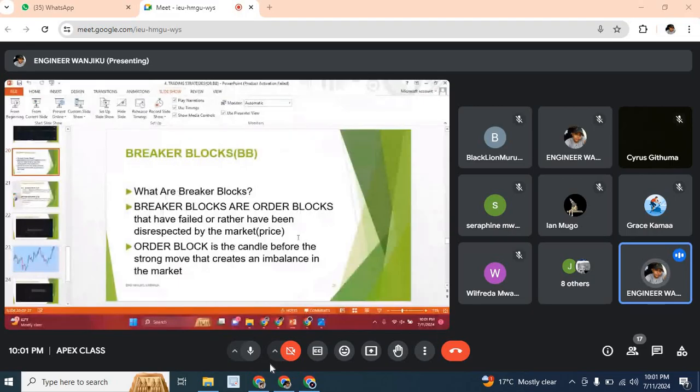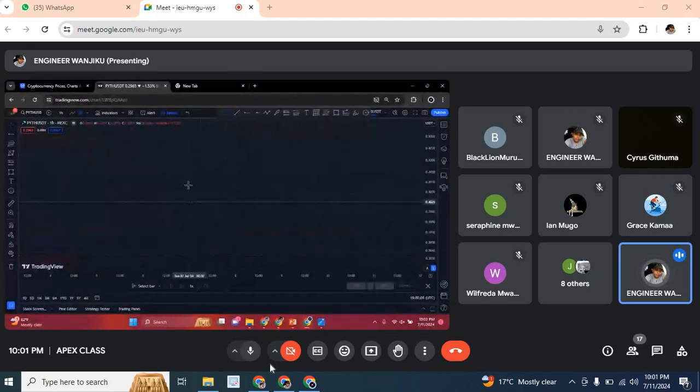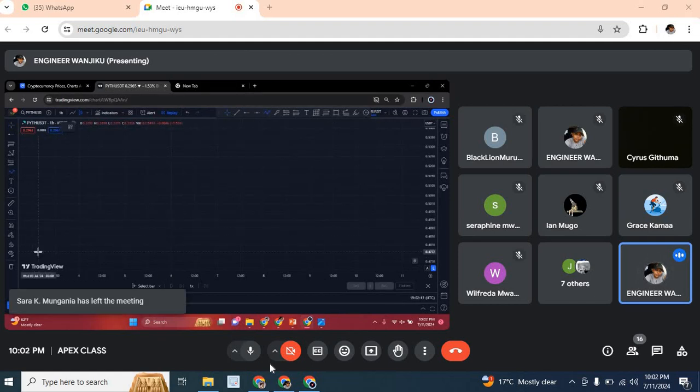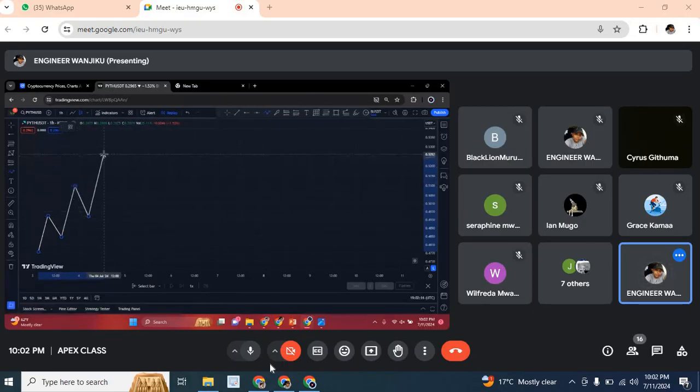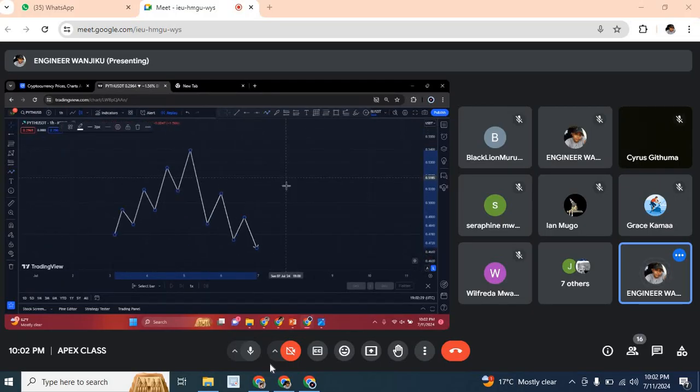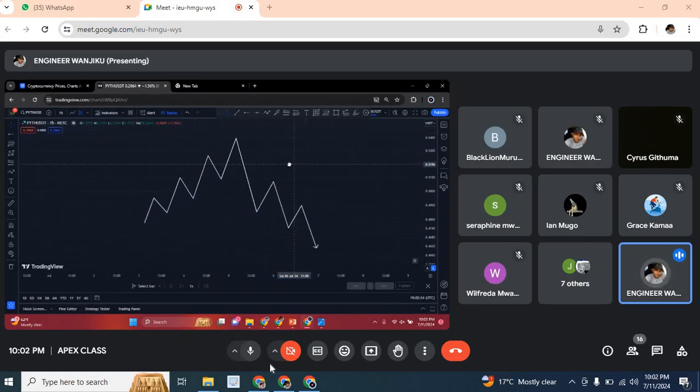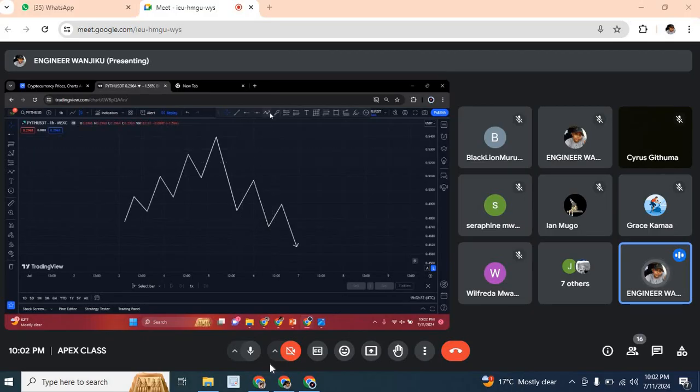So let's do this so that you can understand what a breaker block is. We'll have something like this. You're having an uptrend like that, then we have something like that. This is an uptrend right here, and this is a downtrend.